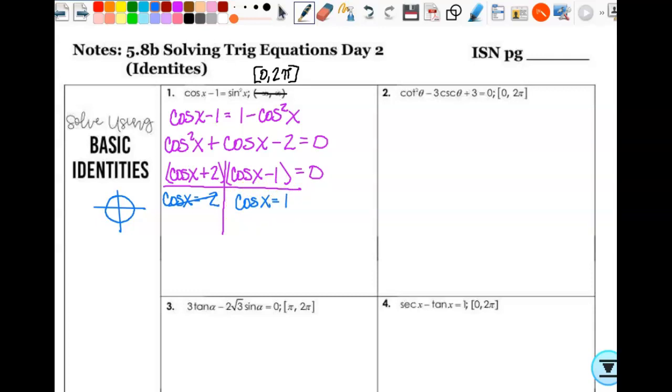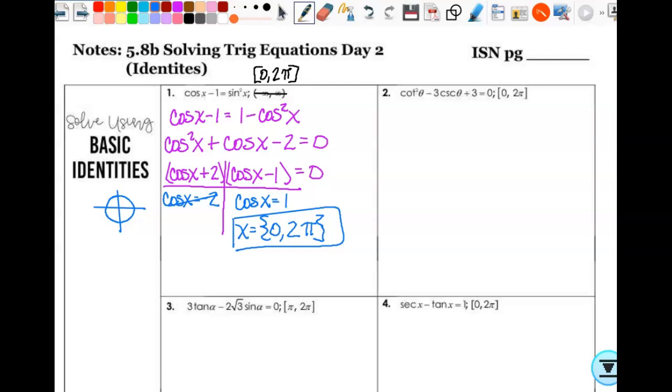So between 0 and 2 pi, when does cosine give me 1? 0 and 2 pi. That's my answer then. What questions do you have? We good? All right.